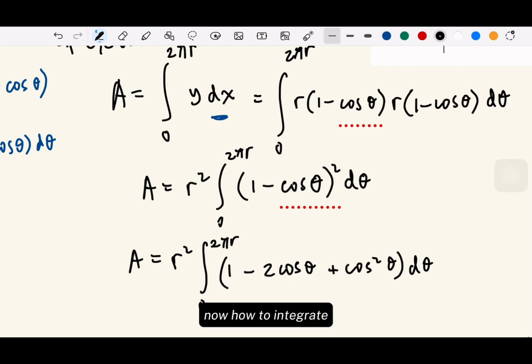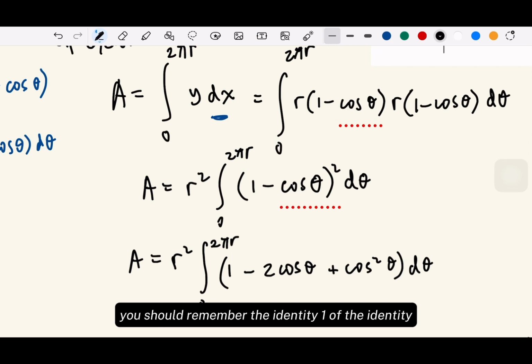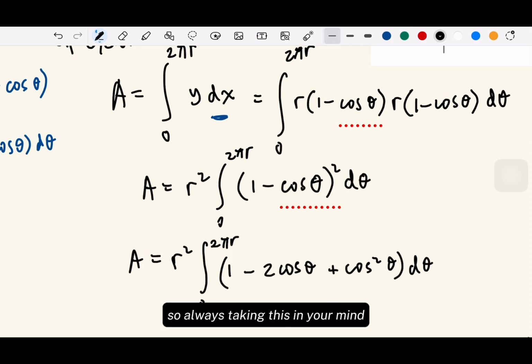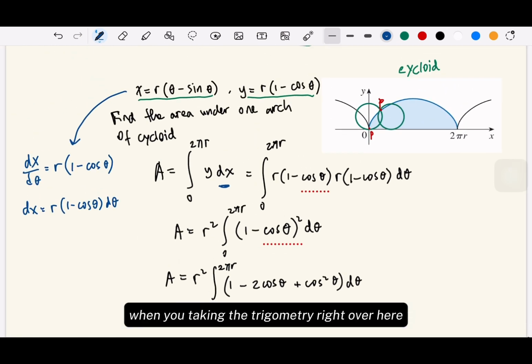Now how to integrate? Anyone still remember? Whenever you find sine squared or cosine squared, or sine with a power of 4 or many powers, the idea that you should have is to remember one of the identities. Always keep this in your mind when you're doing trigonometric integration.